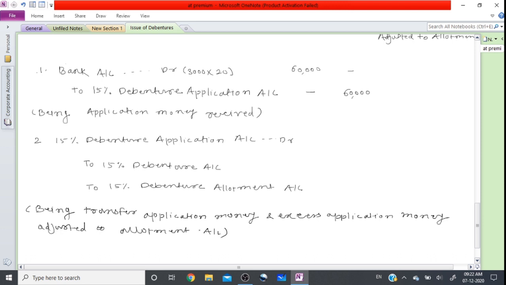Here write 3000 into 20, that is 60,000.